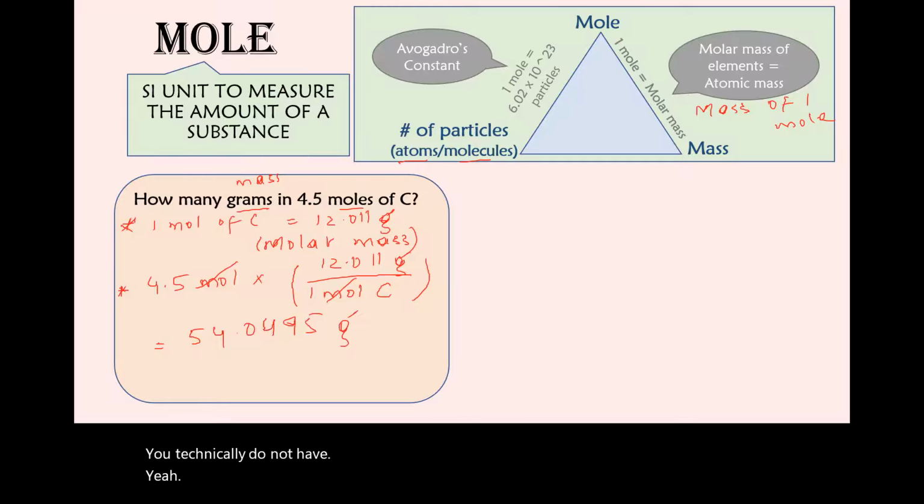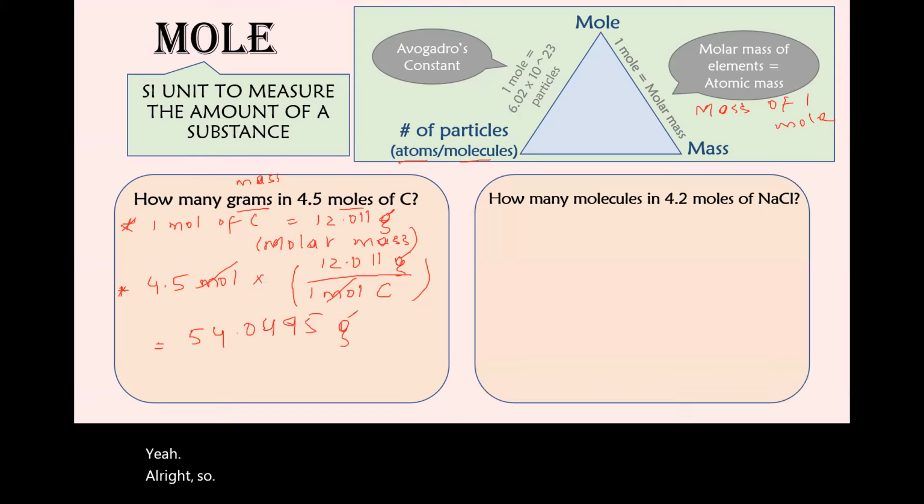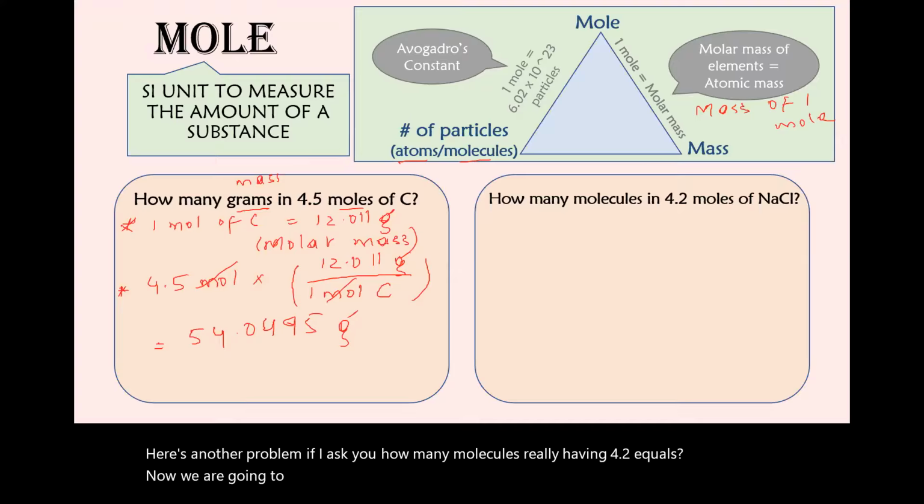All right, so here's another problem. If I ask you how many molecules do we have in 4.2 moles of sodium chloride? Now, we are going from moles to number of molecules. So that means we're going to have to use Avogadro's constant.